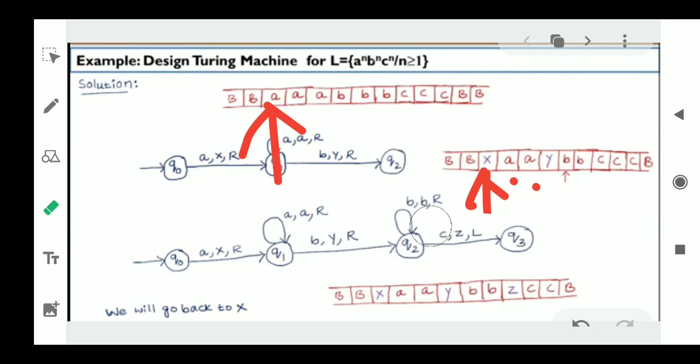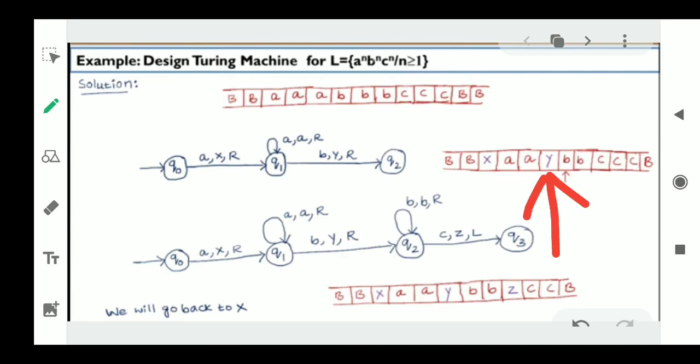We will directly go on searching for another alphabet. Suppose another symbol b is found, we will replace that b with some other variable. Here we have replaced it with Y in the place of small b. And after that, if any number of b's are encountered, we will not worry about that until a new symbol is found.